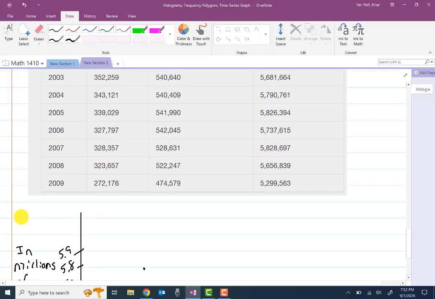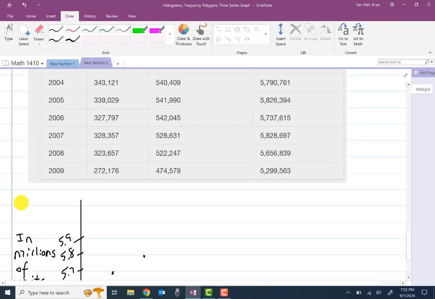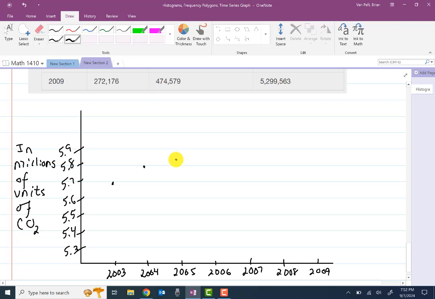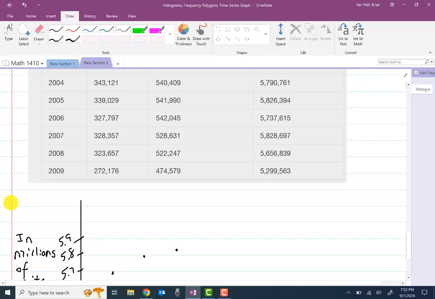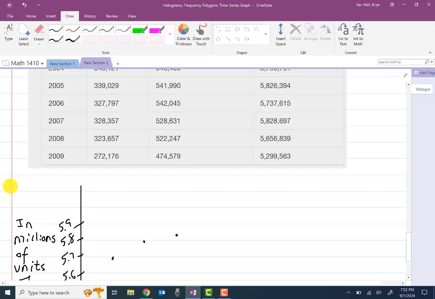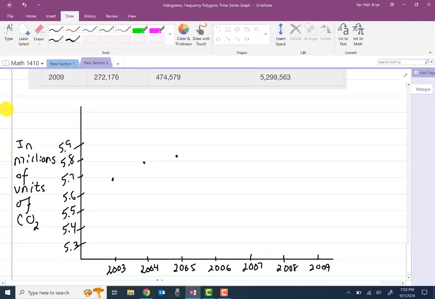Now the year after that was 5.826. So that's about a quarter past that 5.8. And then we have, where am I at? That was 2005. 2006 is 5.737.